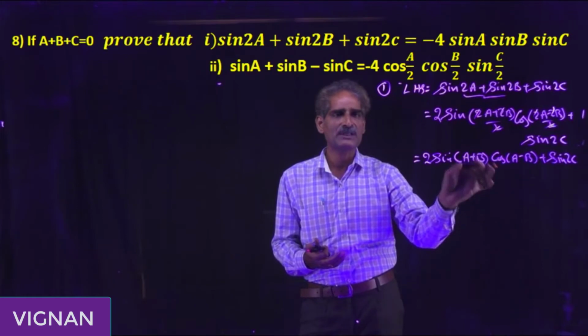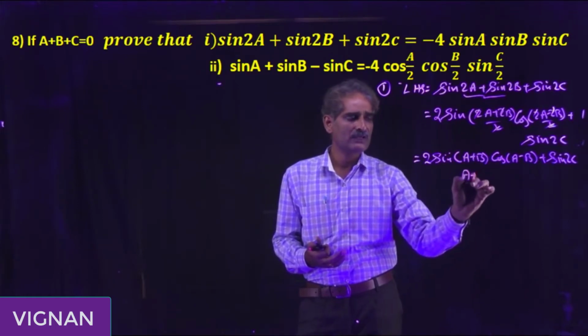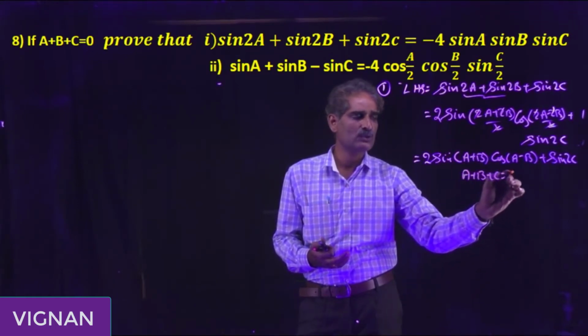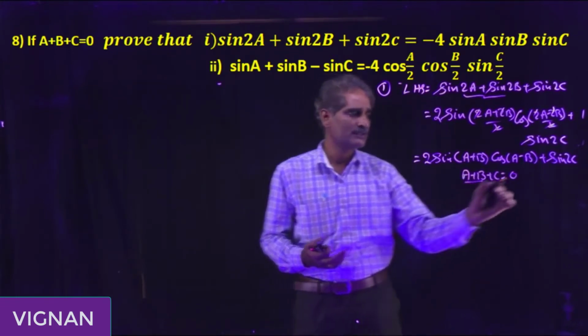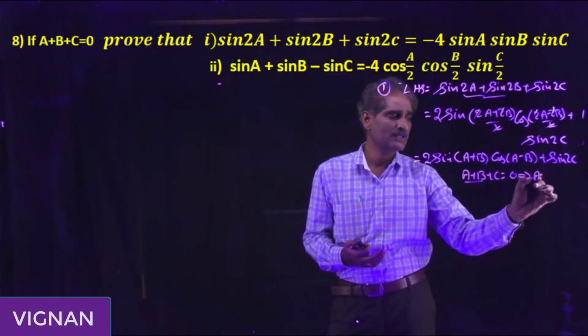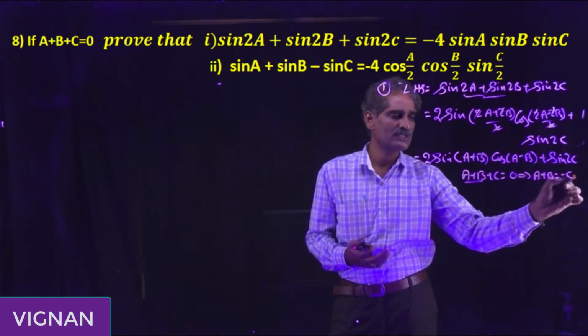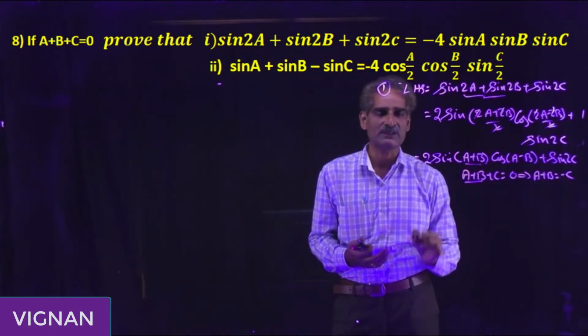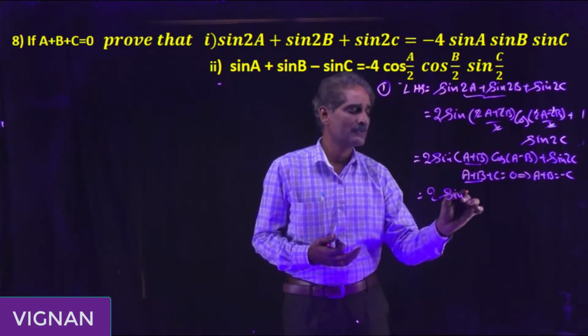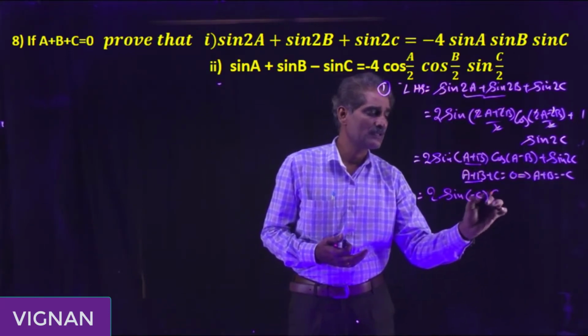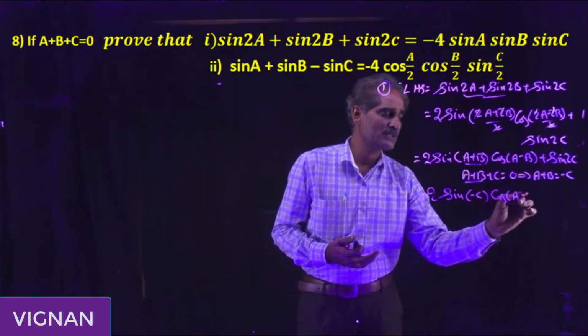Here a plus b is there. We have been given a plus b plus c equal to 0. From this, a plus b is equal to minus c. Replace a plus b by minus c. Here 2 into sin of minus c into cos of a minus b.